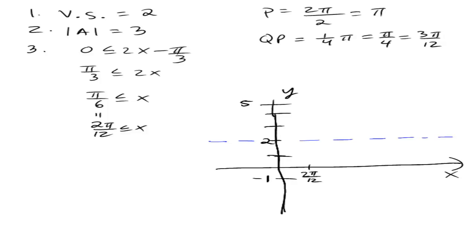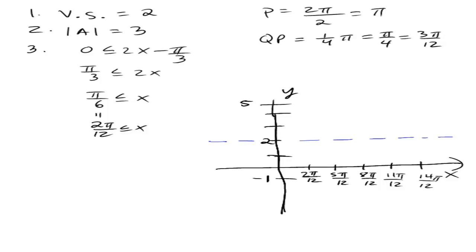And then every 3 pi over 12 you have a new value, so I have 5 of these. The next one's going to be 5 pi over 12, 8 pi over 12, 11 pi over 12, and 14 pi over 12.